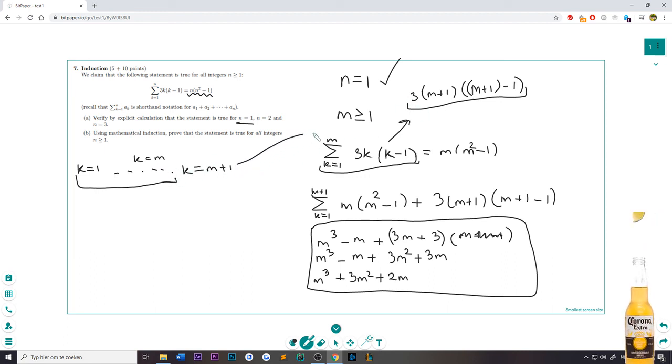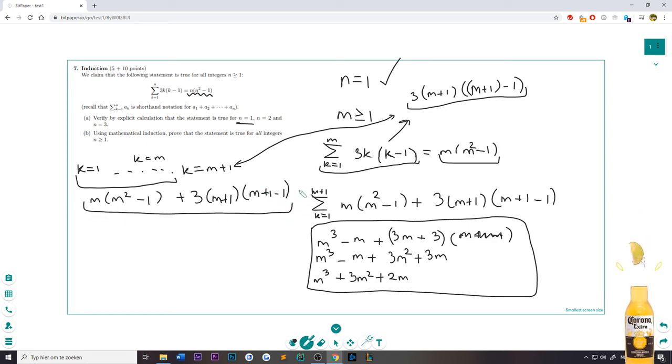And so these two are the same, and that's why we can take this part to cover this. But then we still need k is m plus 1, which is this ugly thing: 3 times (m plus 1) times (m plus 1) minus 1. And so that's why you get this big formula, which is what I wrote down here. And you simplify this.